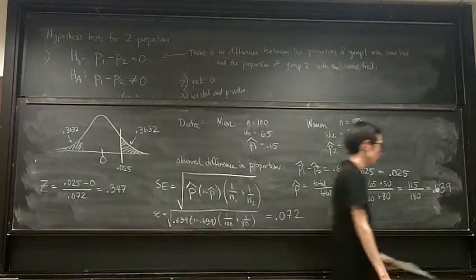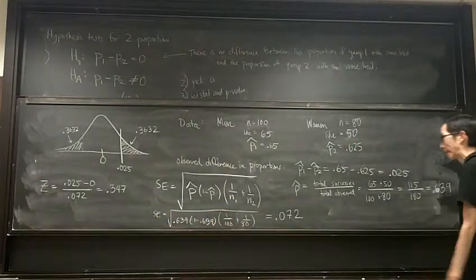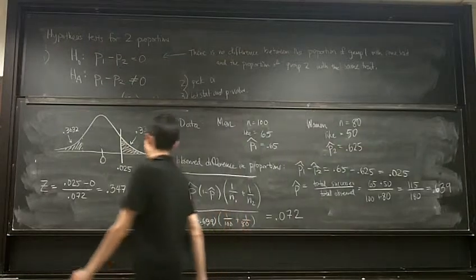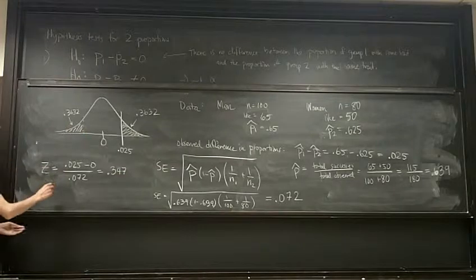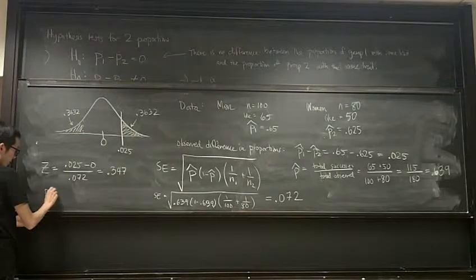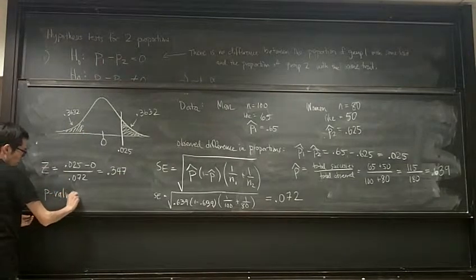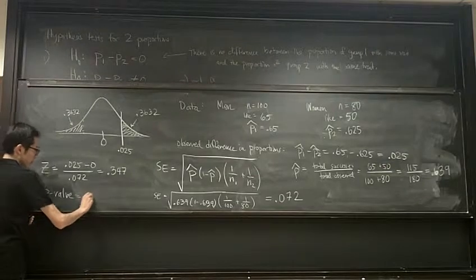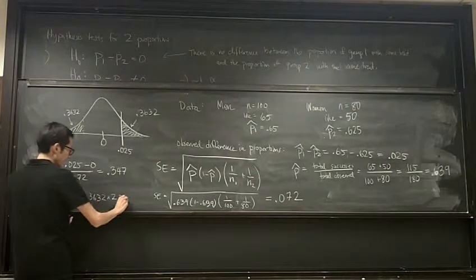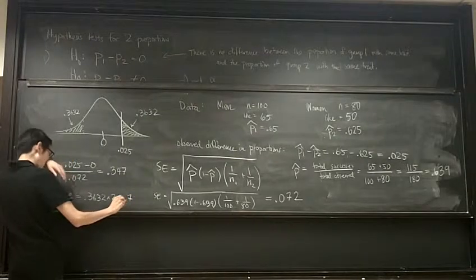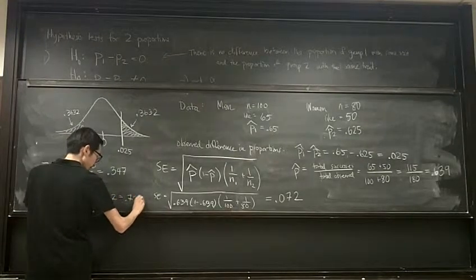And so my overall p-value is 2 times 0.3632, which gives me 0.7264.